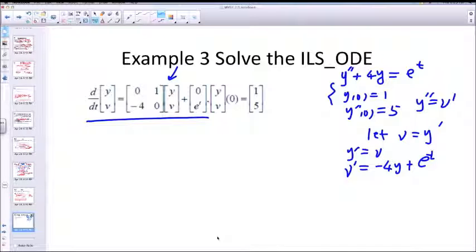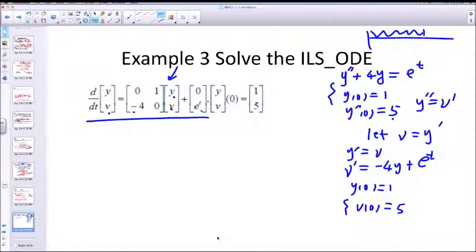The y derivative is v, the v derivative is negative 4y plus e^t, and your initial conditions are y(0) equals 1, v(0) equals 5. You really try to solve this system. You have a spring mass here, and k equals 4.